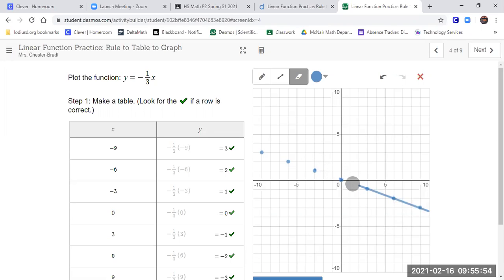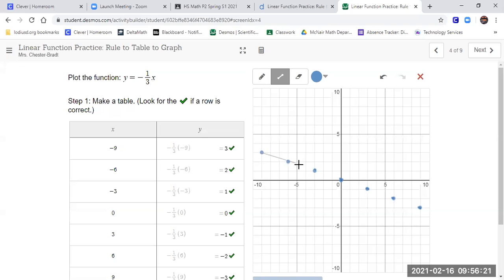So what are we noticing is kind of special about the x's they chose? Because my equation would have been ugly, right?